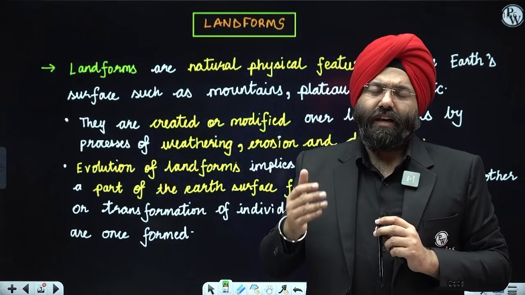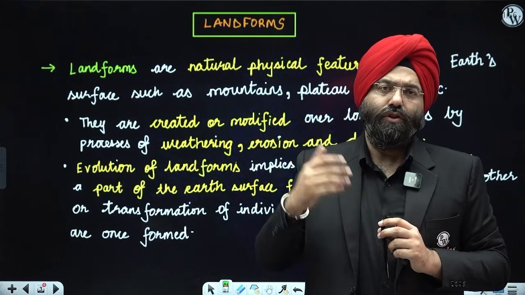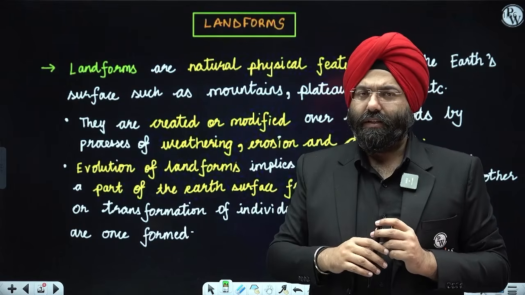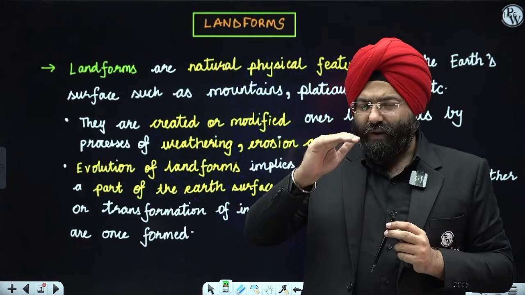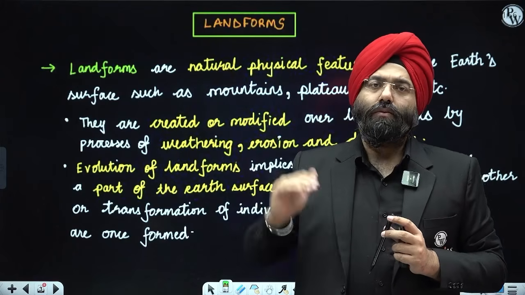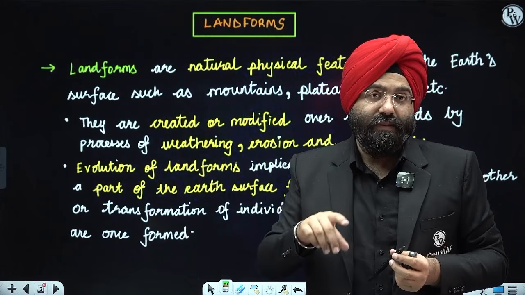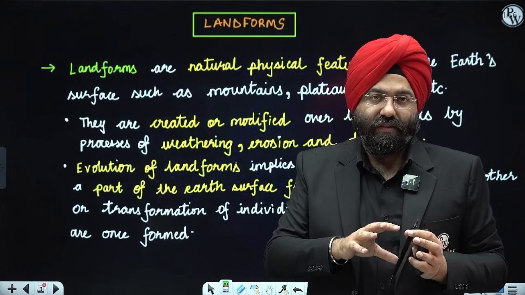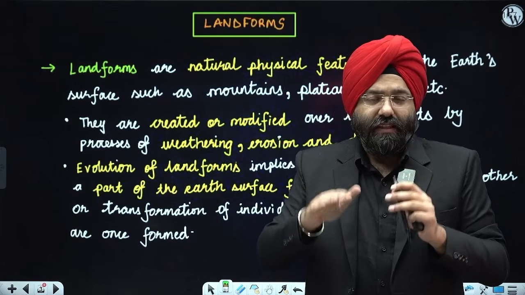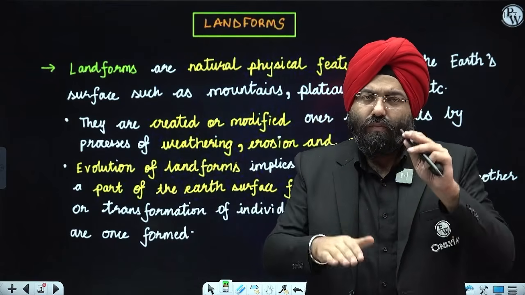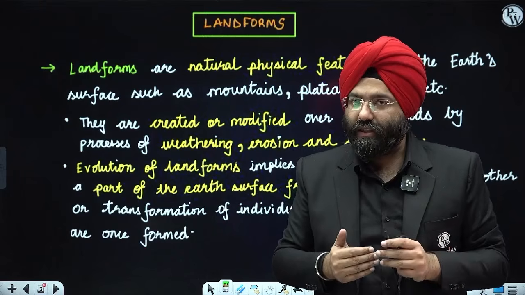Suppose the plateaus have been formed due to granitic rocks or volcanic eruptions, there can be multiple other reasons also. But those plateaus are slowly being eroded by wind or running water, so their shape is being modified. They were created by some forces and agents, and are being destroyed by other forces and agents. So the present landform is an outcome of the balance between the processes creating them and the ones destroying them.